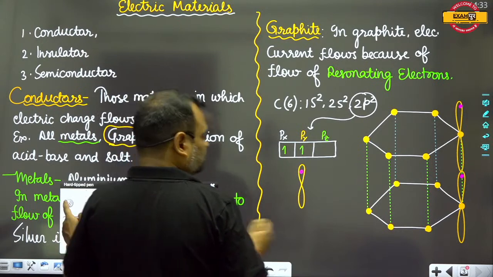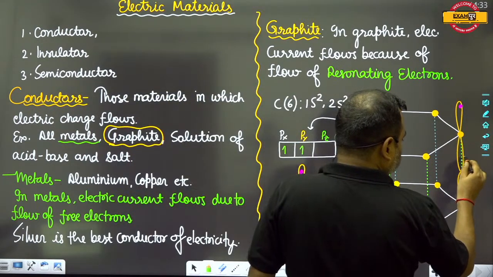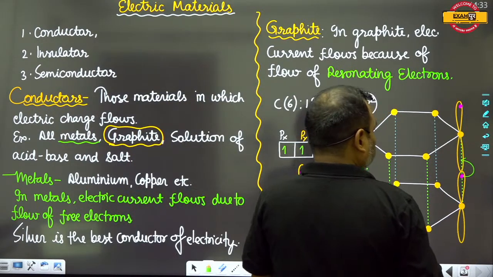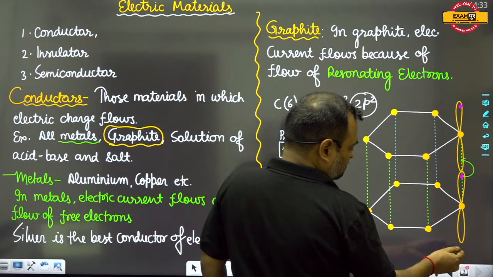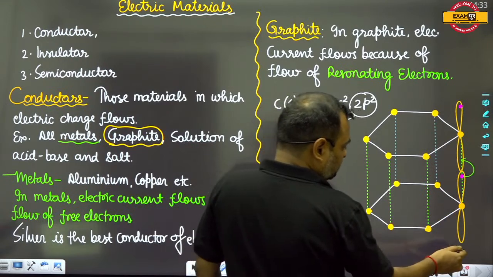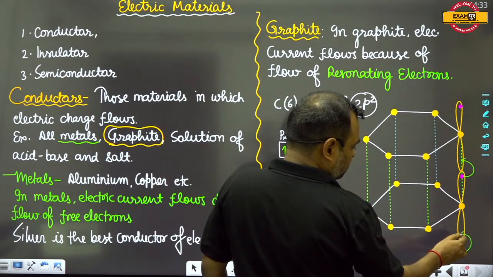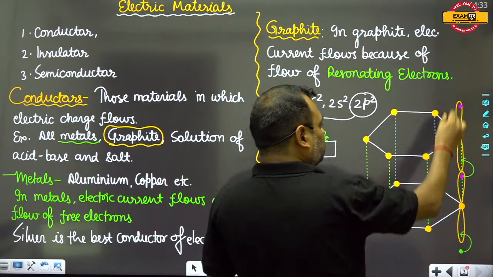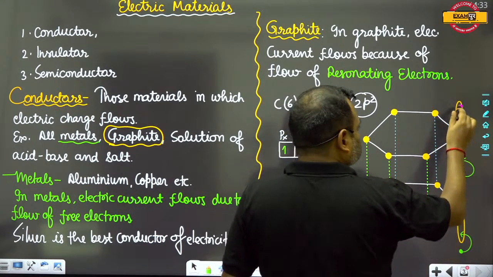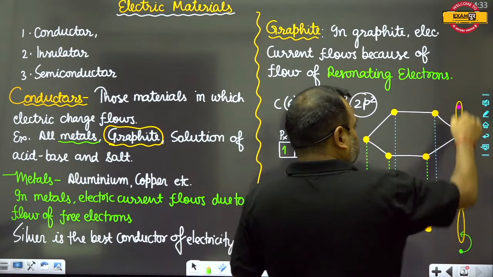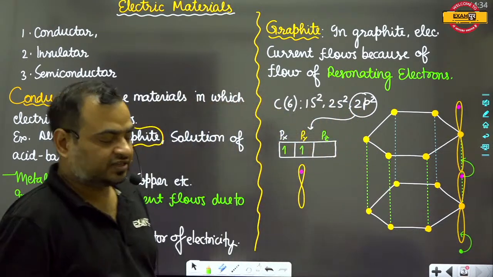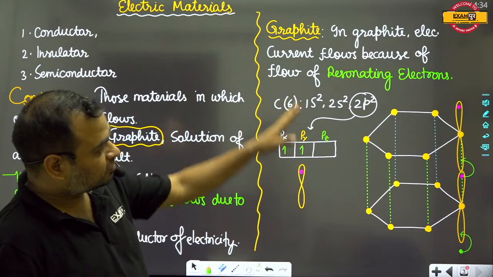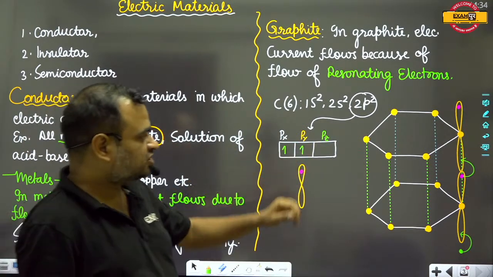can easily move on this. And hence the lowermost electron and the next carbon's electron can also move here. In this way the delocalization of the electrons occurs in the vertical direction, so the electron moves in the vertical direction in the whole structure.